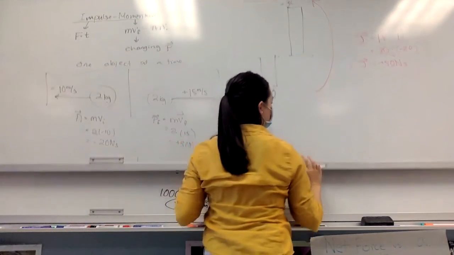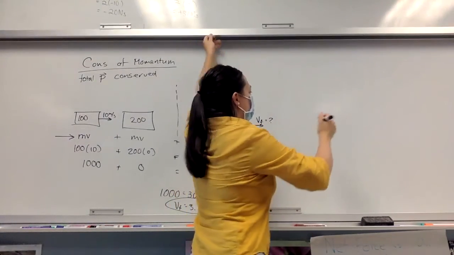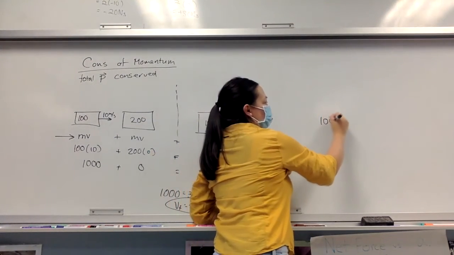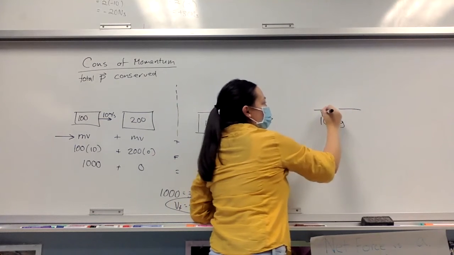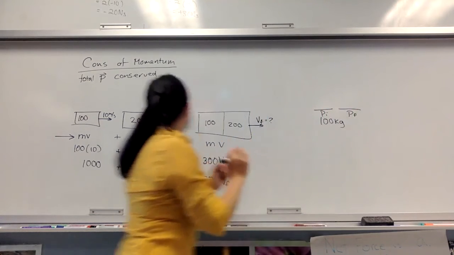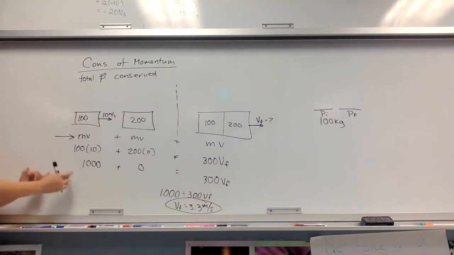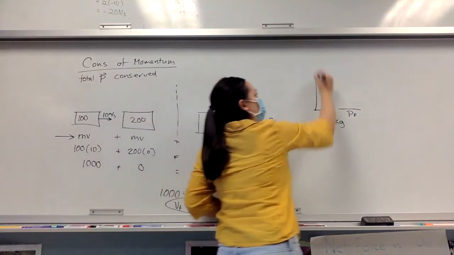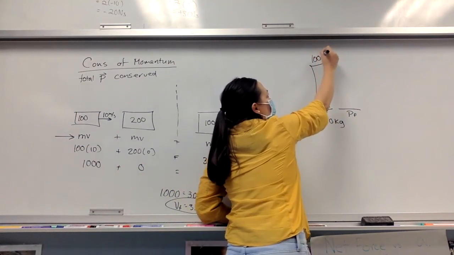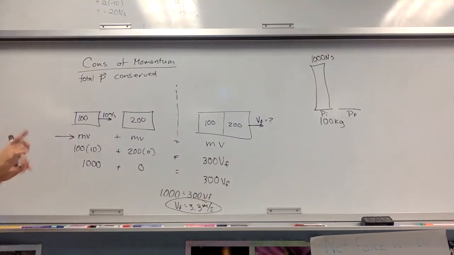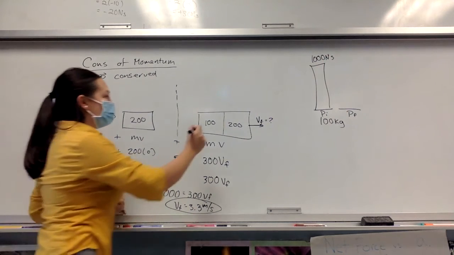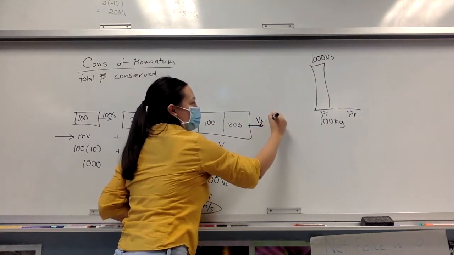So how this works. Let's say I take the 100 kilogram object, right? And it's going to have a before and after momentum. Its initial momentum was 1,000, right? But because of the collision, it lost momentum. Because of the collision, its new momentum at the end would be 100 times 3.3.